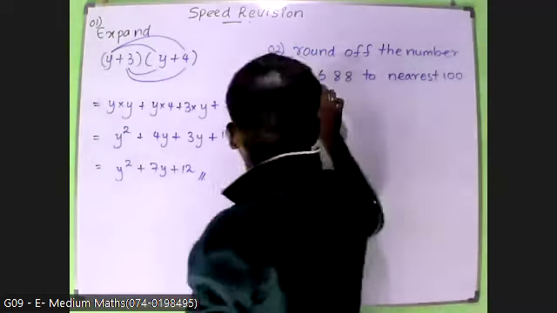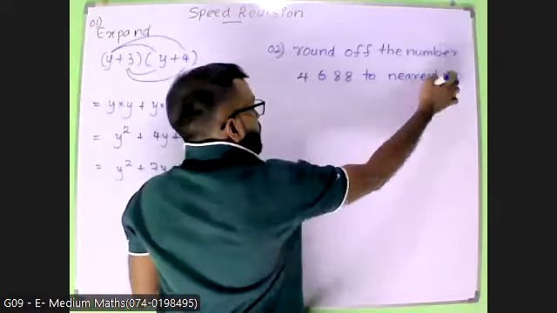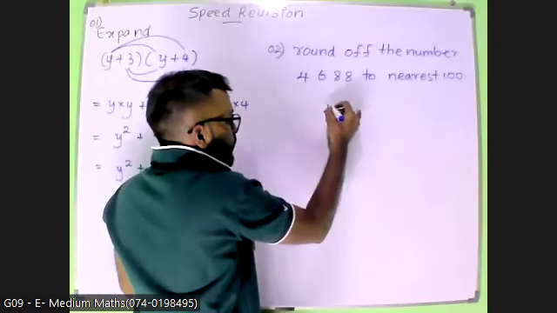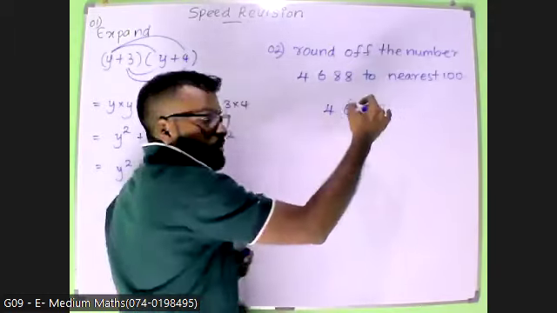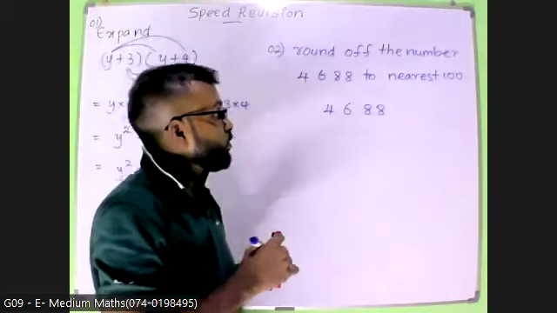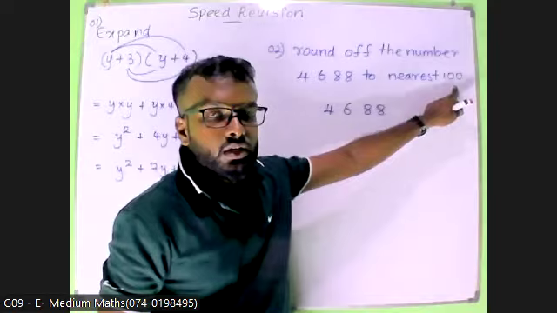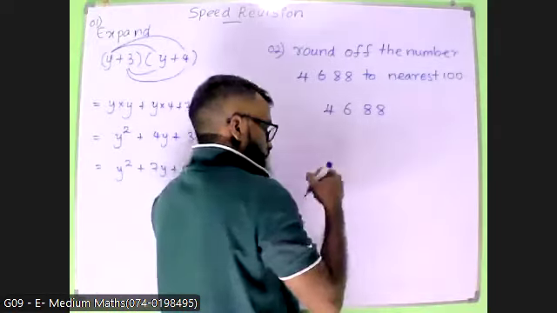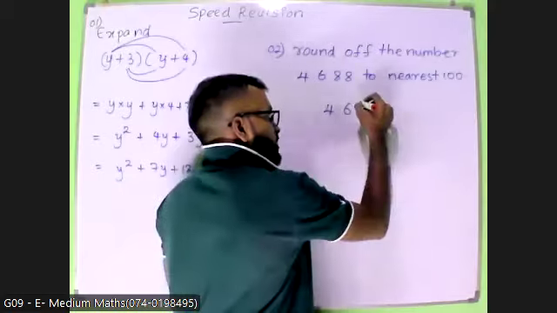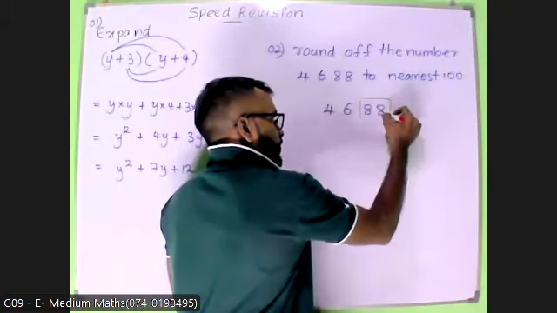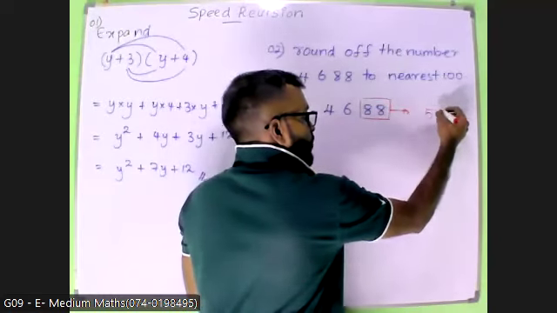Right. So how do we do this? You are going to round off to the nearest 100. So I will write this number 4688. When you are going to round off to the nearest 100, you need to check your last 2 digits, which are 88.